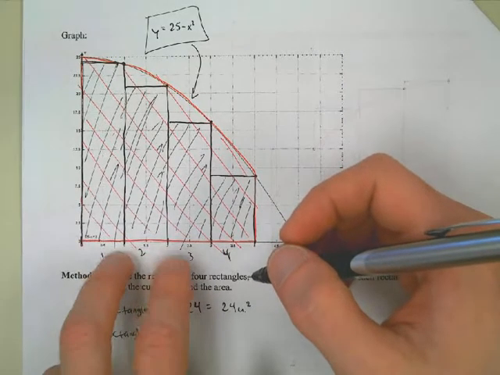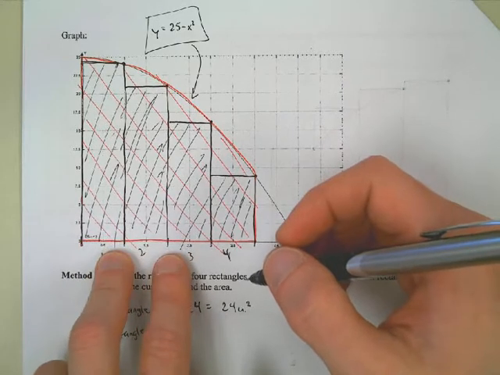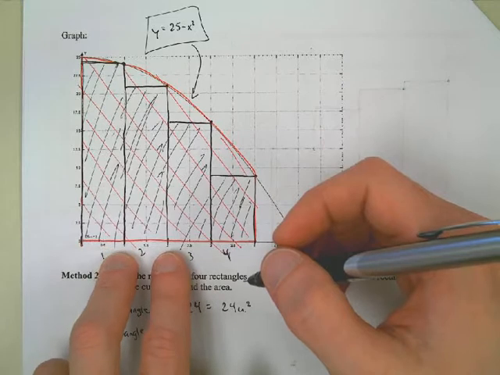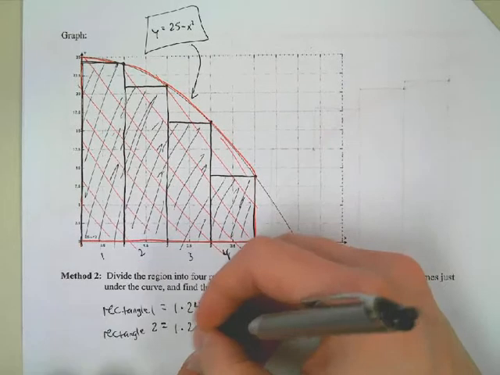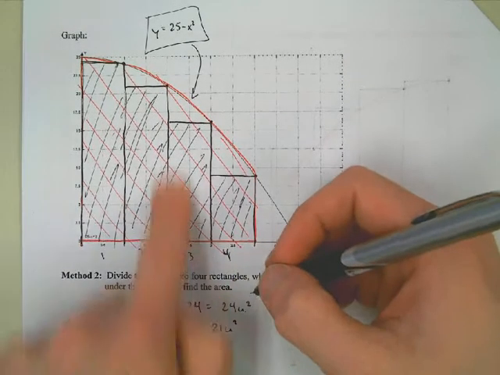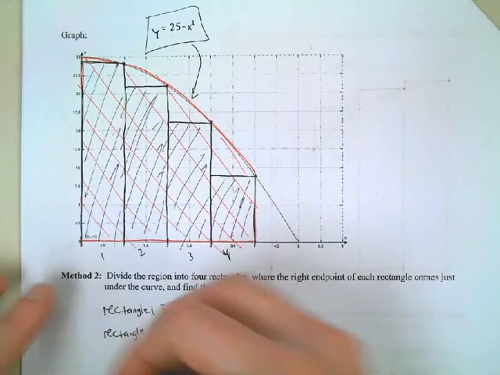Which one did we use to find the height of the rectangle? Do we use 2 or 1? I was using the wrong x value. 21, exactly right. It's the right endpoint we're using, so it's 2 that we plug in. 2 squared is 4, 25 minus 4 is 21. Good.